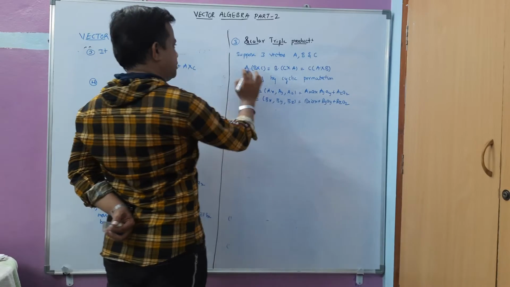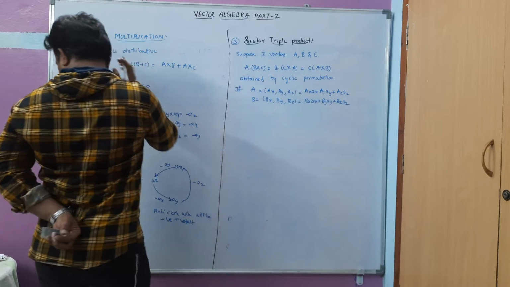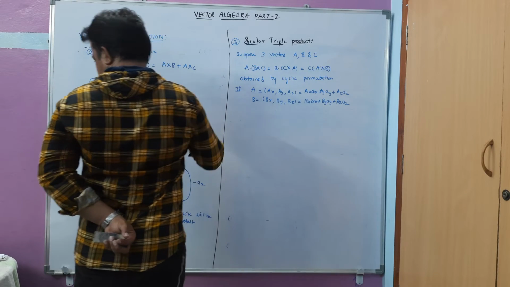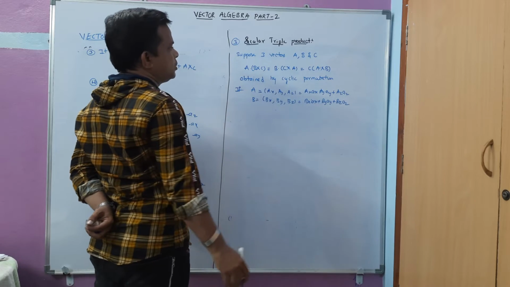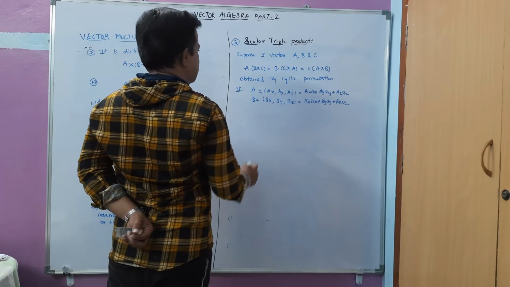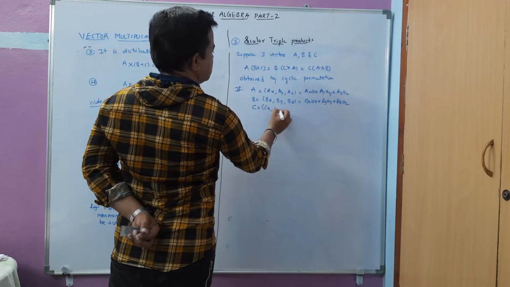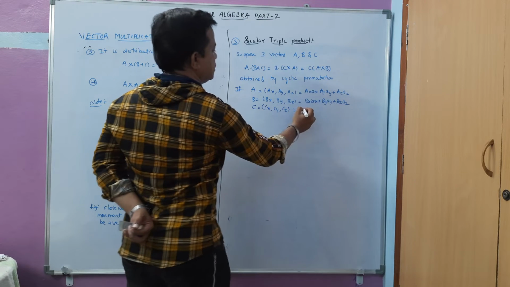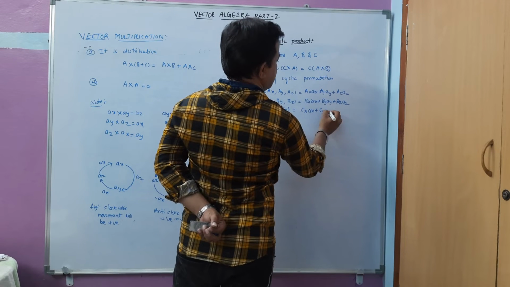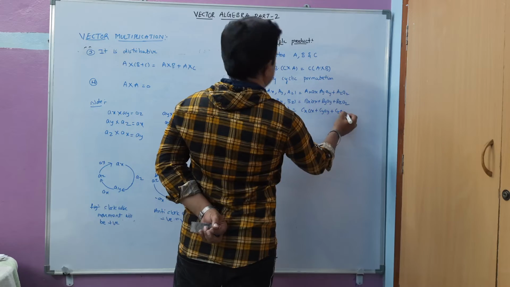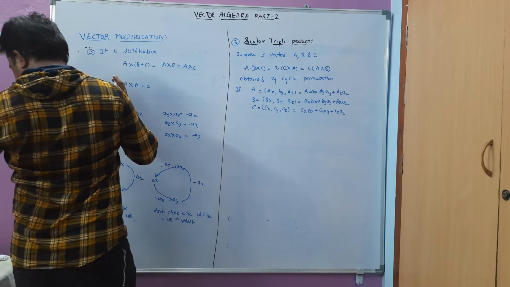Now I have to take the cross product first, and next I have to take the dot product. Similarly, you can do the same thing and get the result here, that is C equals CX, CY and CZ, or CX i plus CY j plus CZ k. Okay, that is how we are going to see the result here.